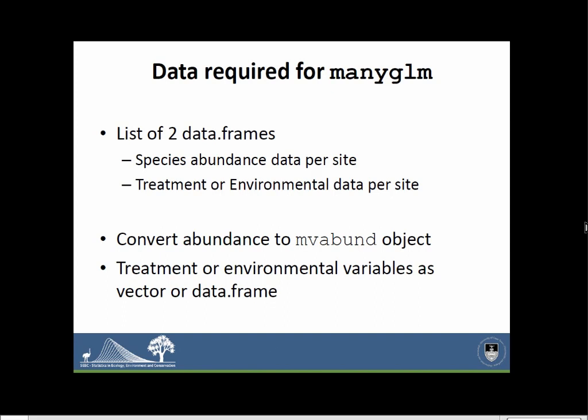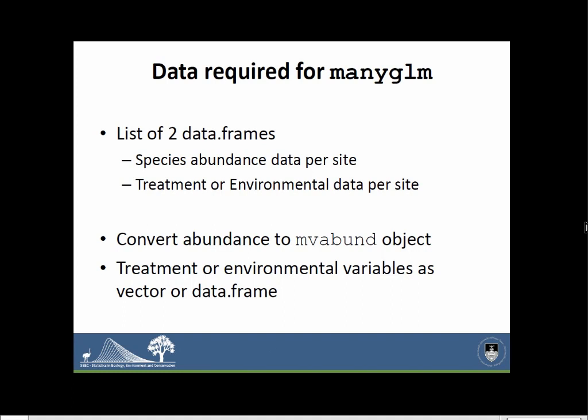You can bring these in as matrices and then convert them when you're in mvabund if you're using your own data. But for the purposes of today, we're using data sets from mvabund, and most of the code is actually found in the reference manual, although I've shuffled things around to make it a little bit more coherent.